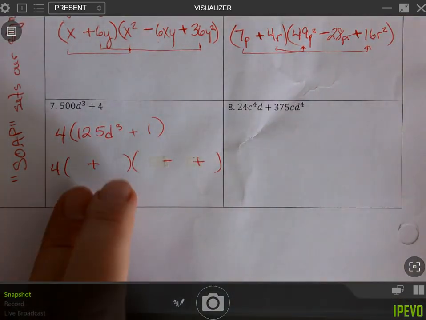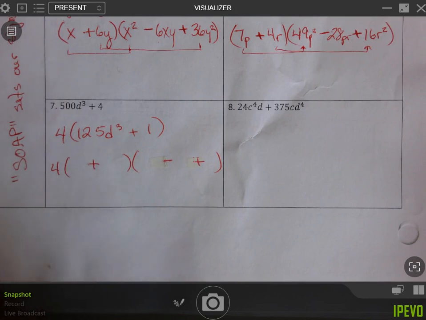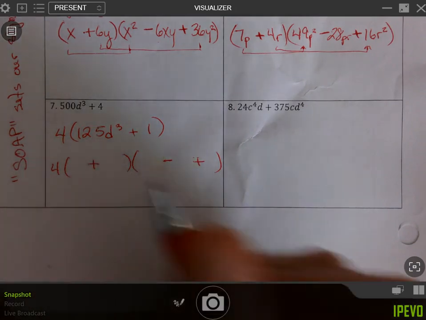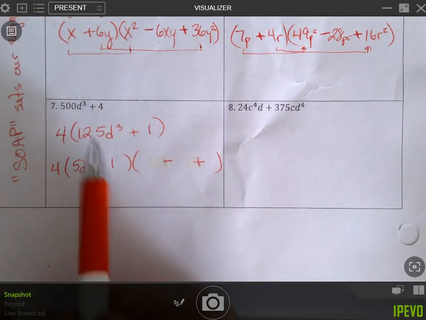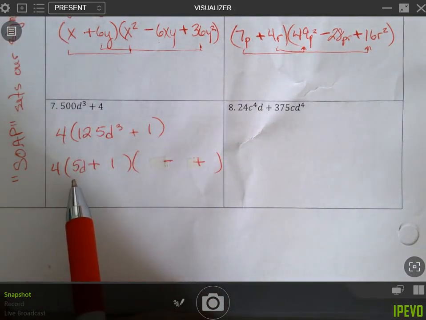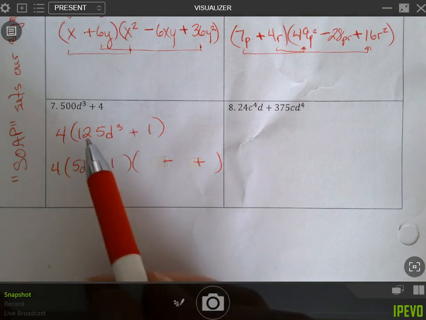All right, how do I get this first set, this binomial? What's the rule to get this here? 5d plus 1. But how did you get that? Yeah, it's 5d, and this is going to be a 1, but how did you get this? This is the cube root, right?